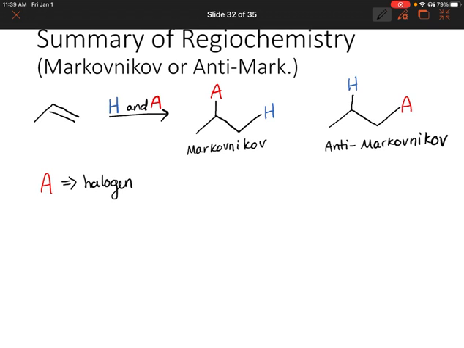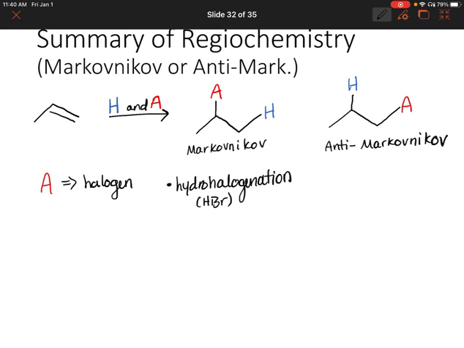So for instance, let's say we're adding HBr across a double bond. What type of reaction is that? Hydrohalogenation. So I'll just put HBr underneath to remind you.